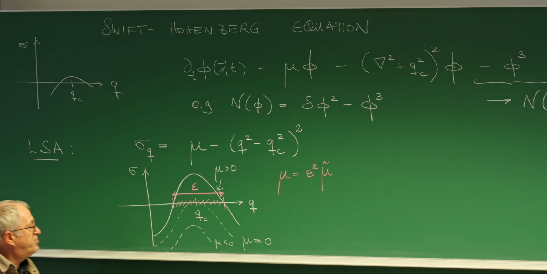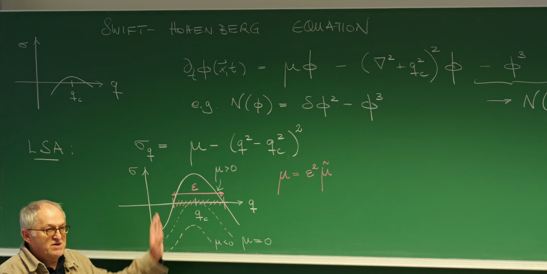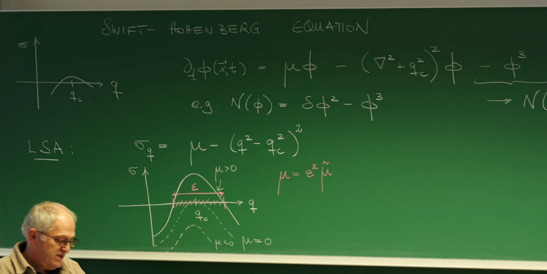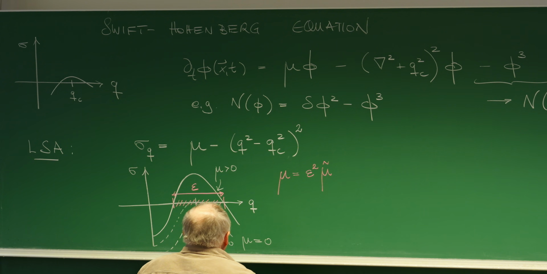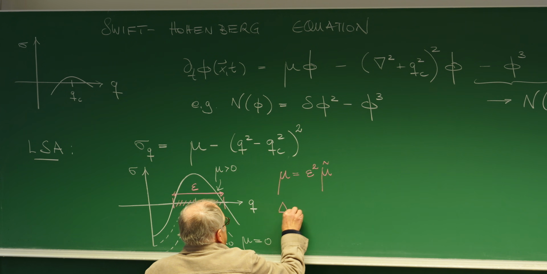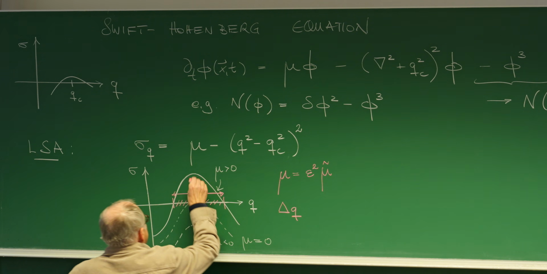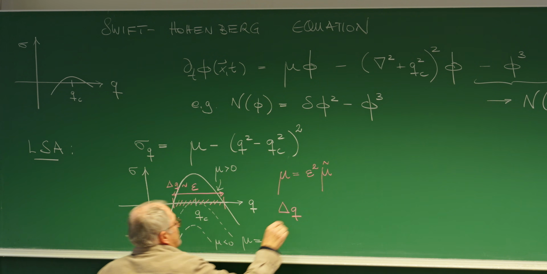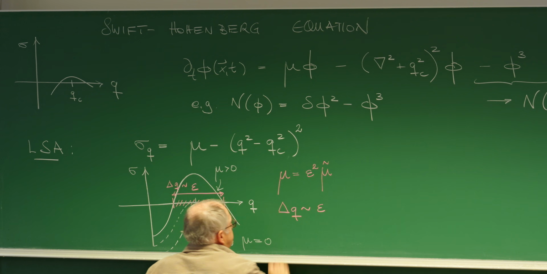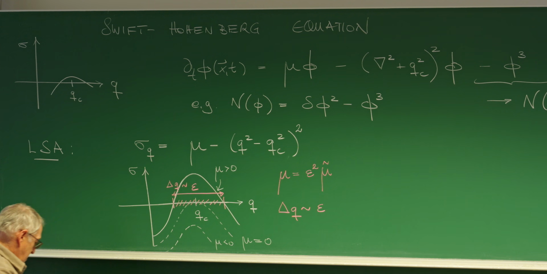So that's for me to bookkeep how far you are from the critical point. The delta Q, so this here, that's of order epsilon. That's what we need later. Okay?